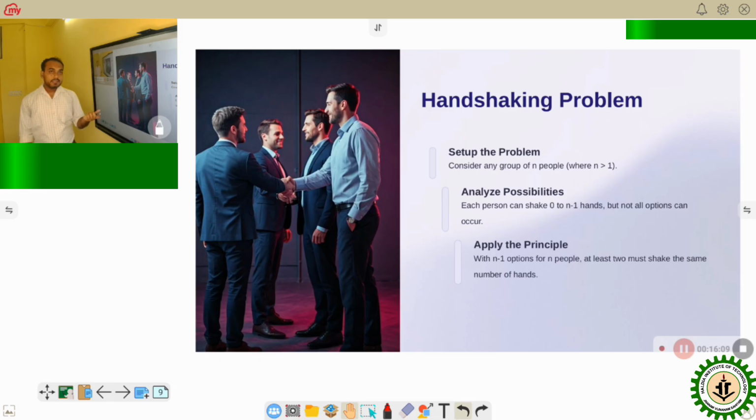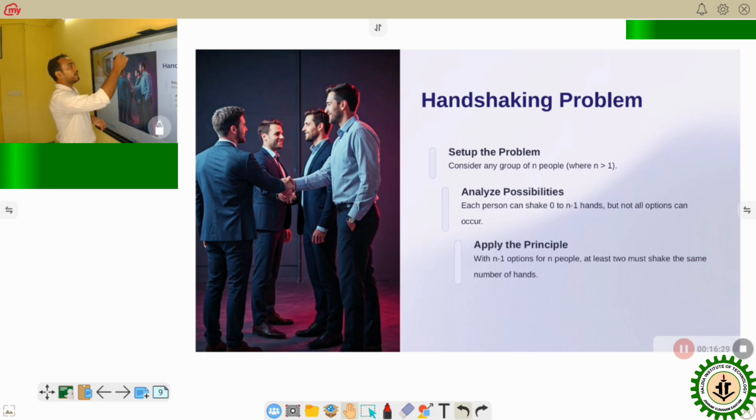And how will we apply the pigeonhole principle to define the number of possibilities of handshakes? So n minus 1 possible options are available for n people per handshake. So at least two of the people must shake the same number of hands. Why?